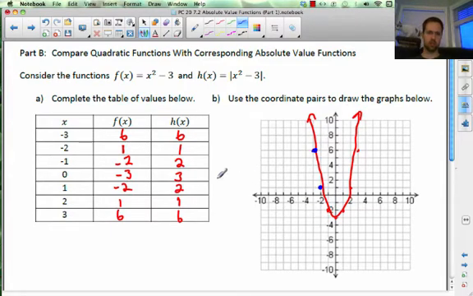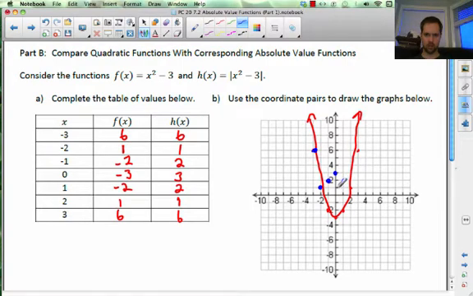But now something interesting happens. We go to negative 1 and it becomes 2. So negative 1 and 2. And then 0 becomes 3 instead of negative 3. So it goes up like that. 1 becomes 2 instead of negative 2.